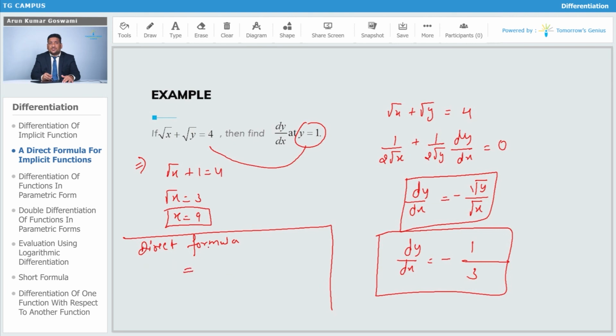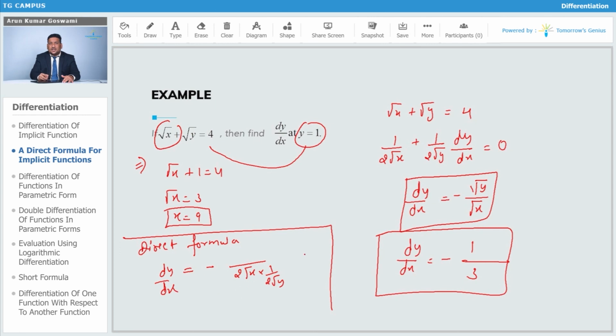Differentiating x here, the differentiation of root x comes as 1 by 2 root x, with the minus sign. And in the denominator, differentiation of y, keeping x as a constant, is nothing but 1 by 2 root y. This is my dy by dx.